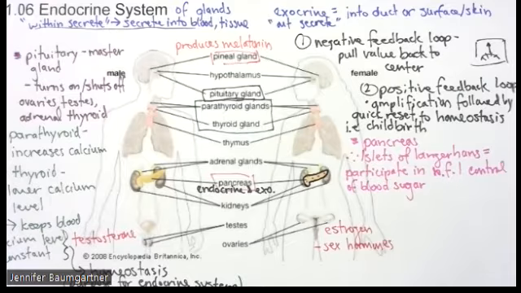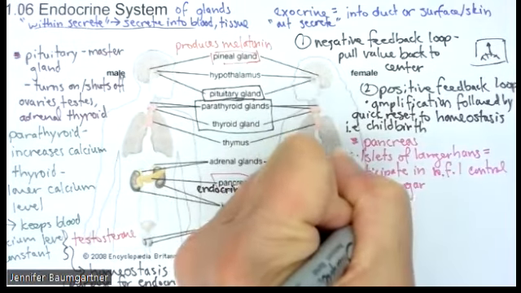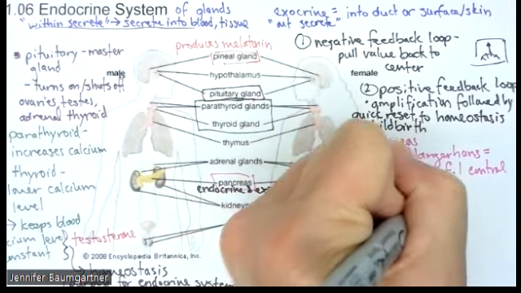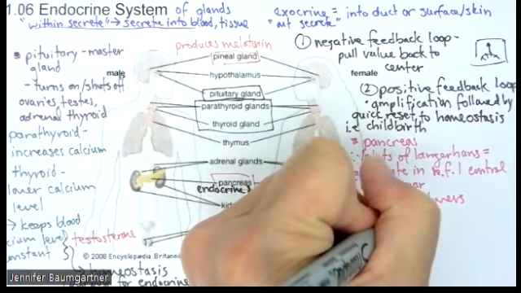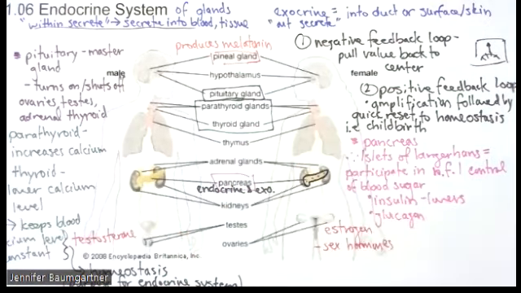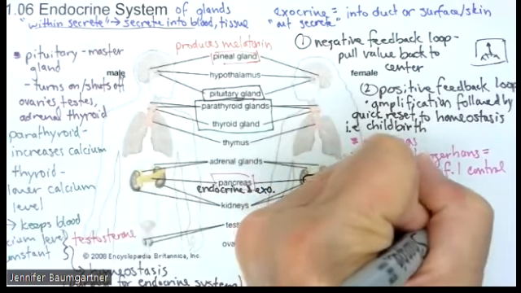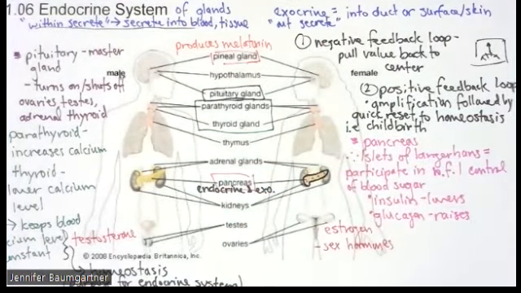The hormones that are released are insulin, which lowers blood sugar, and glucagon, which raises. So again, we're back at that.